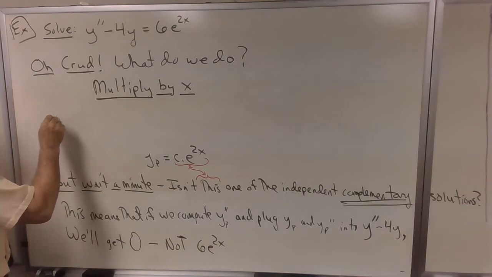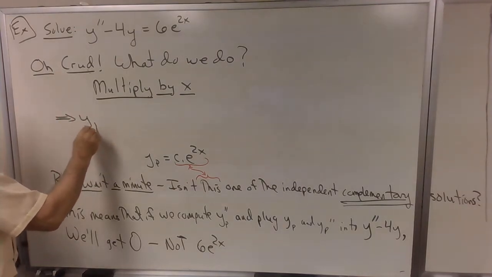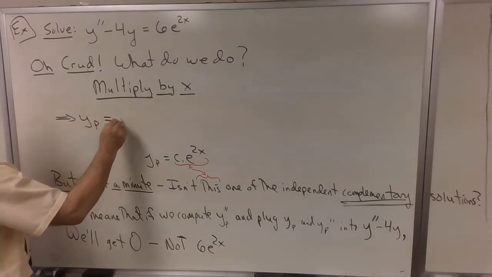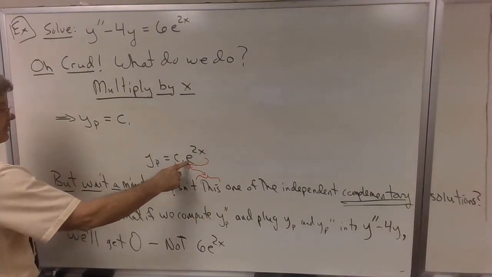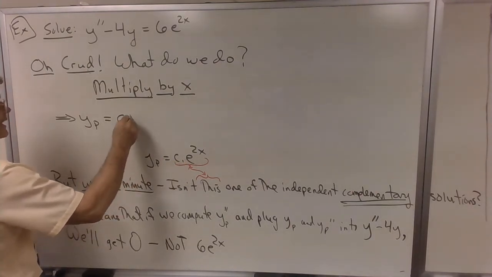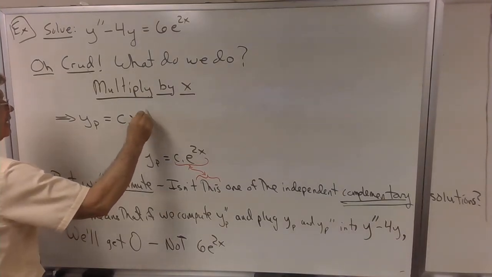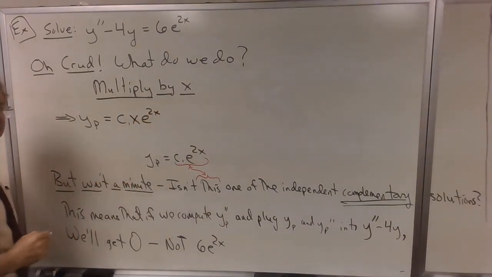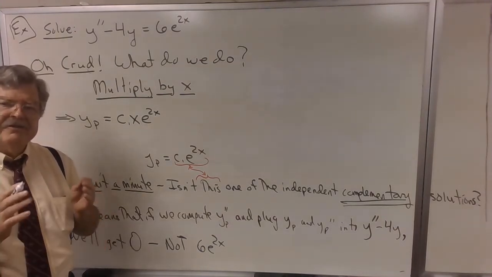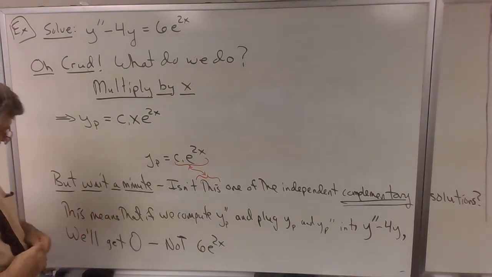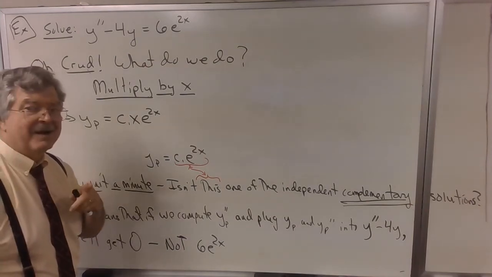So we say particular solution is c1, but not e to the 2x, but rather c1x e to the 2x. And believe it or not, that's going to fix everything. I'll prove it to you.